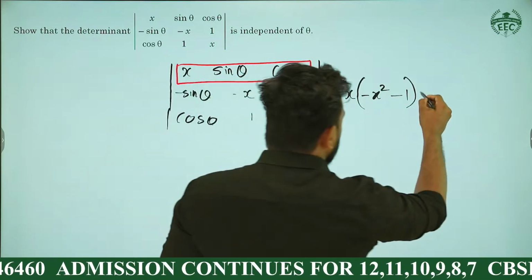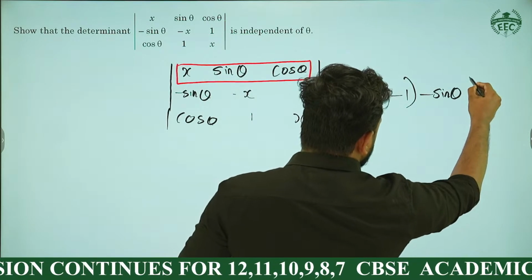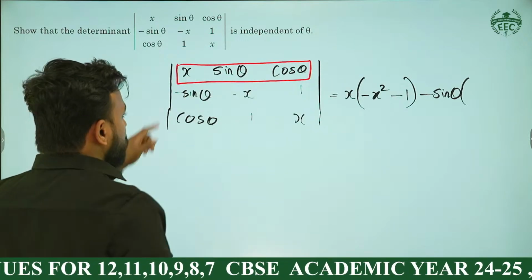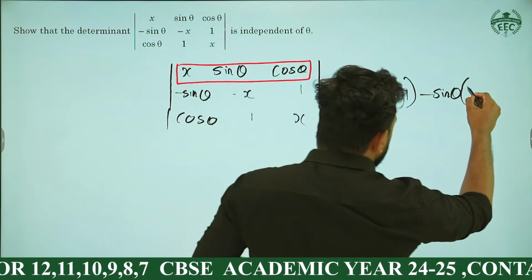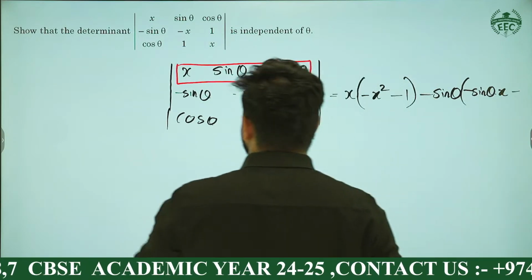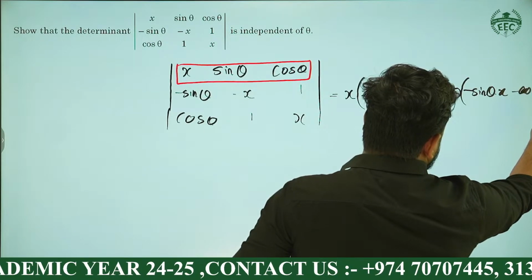And the next one, minus of sine theta, minus of sine theta into what? I'm eliminating the column and row. Minus sine theta into x become minus sine theta into x, minus cos theta into 1, that is cos theta.